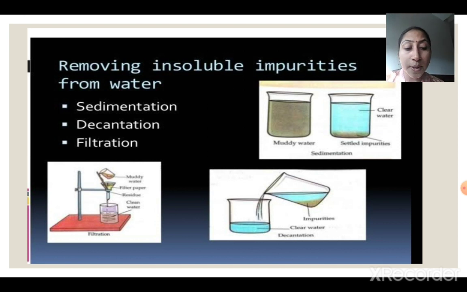The process of separating suspended and insoluble impurities from a liquid through a filter is called filtration. We use a filter paper in this process, and we keep it in a funnel, and if we pour impure water, all the impurities get stuck in this filter paper. This is how we can separate, but it's a very slow process.